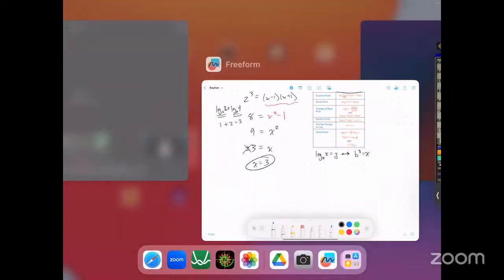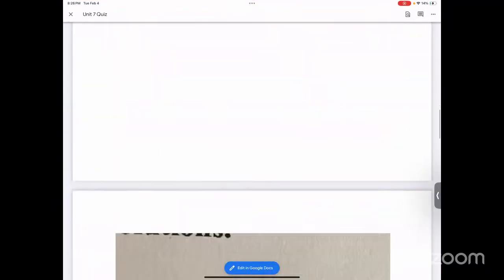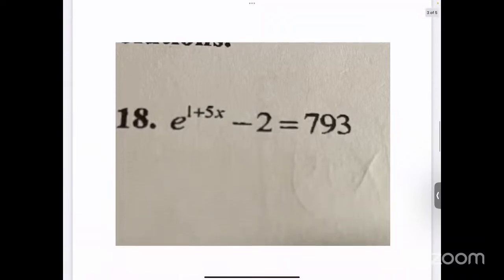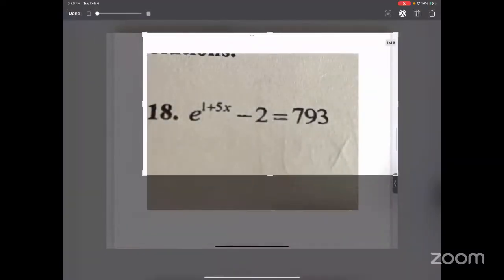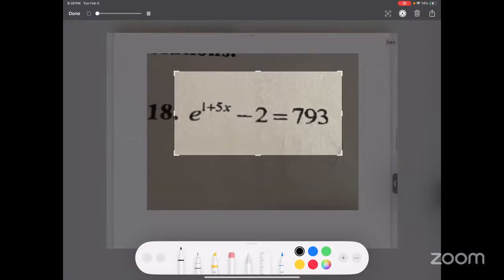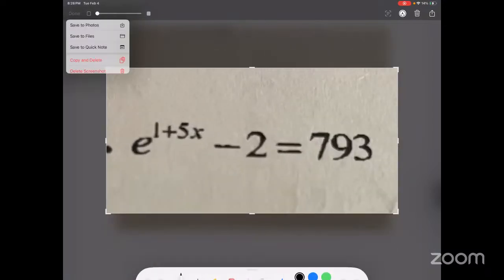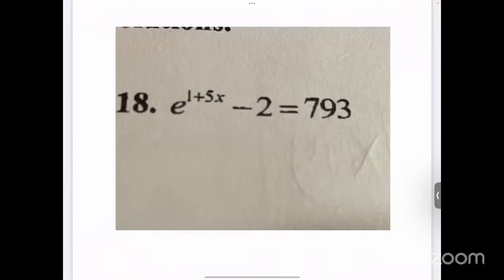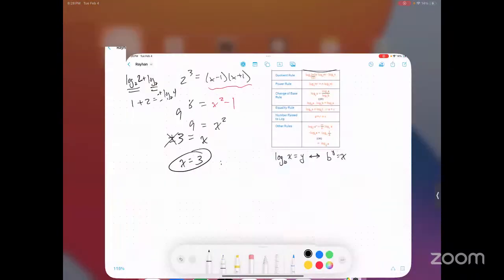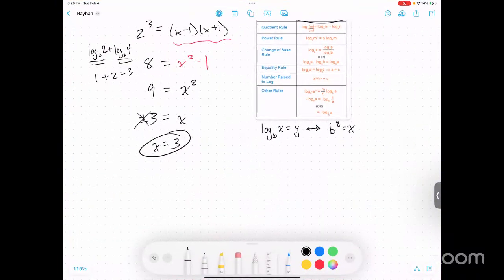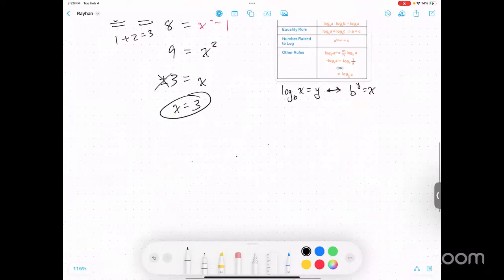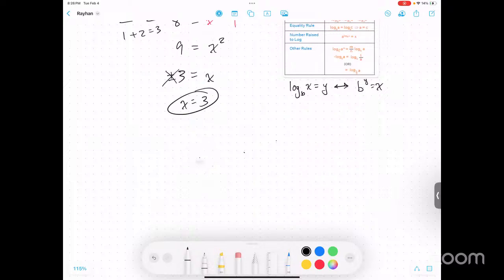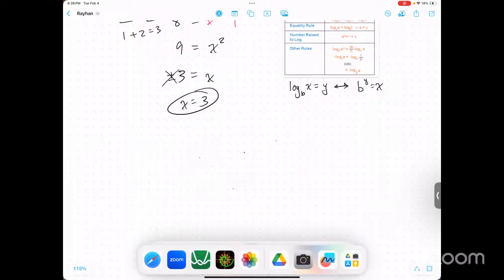All right. Let's see what the next question is. The next question is that one. Okay, so the next question. Let's see if it's going to let me paste. Well, it didn't work that time.